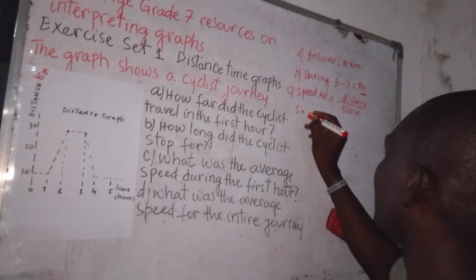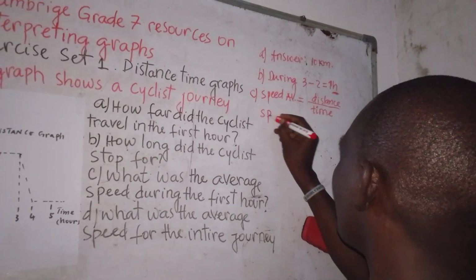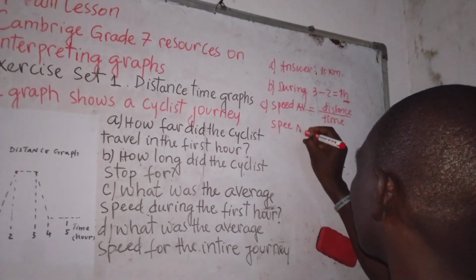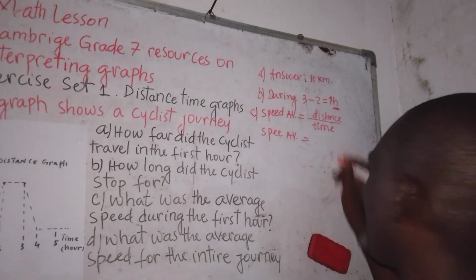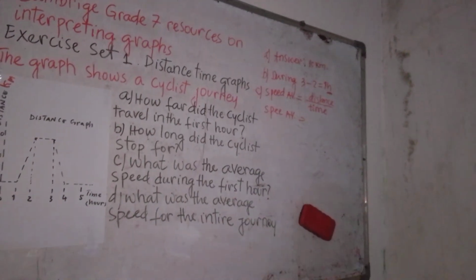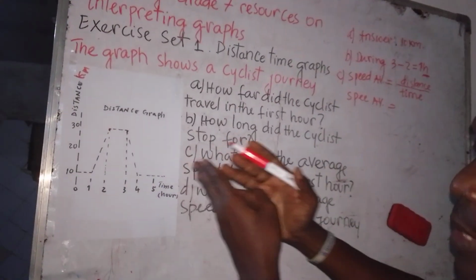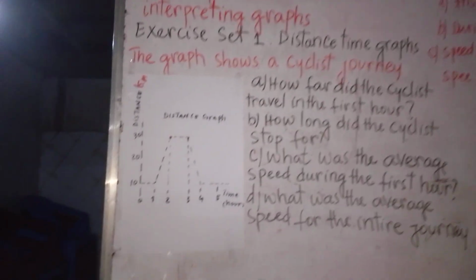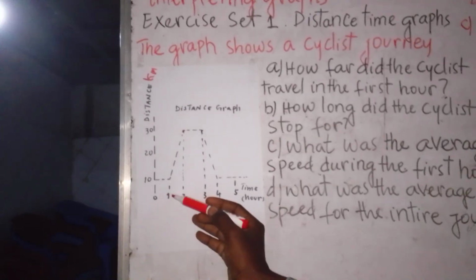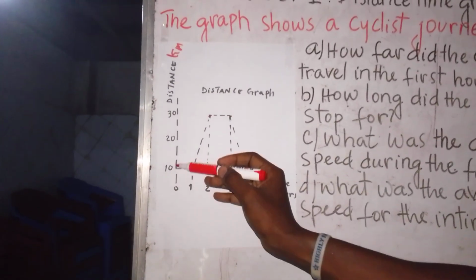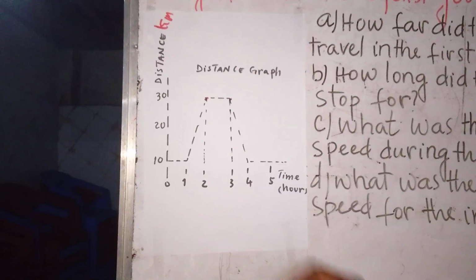Okay? Then what's the distance the cyclist covered in the first hour? From 0 up to 1, the cyclist covered 10 kilometers.